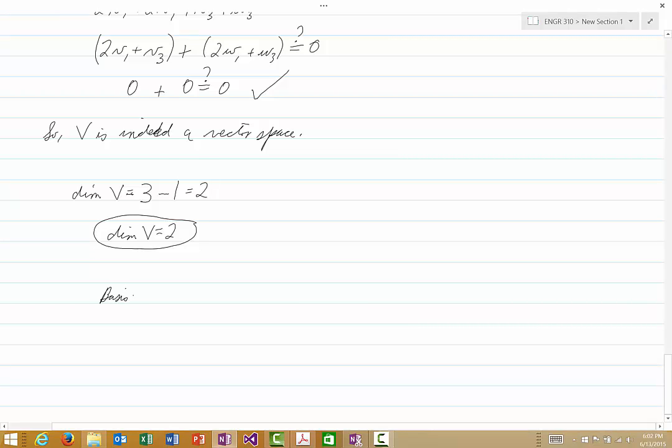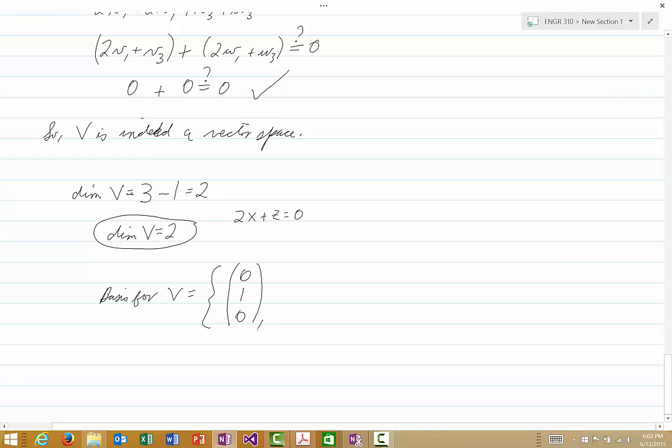So, a basis for V. All we have to do here is find two linearly independent vectors that satisfy the equation, 2x plus z is equal to 0. A very easy way to get this is to say (0, 1, 0).